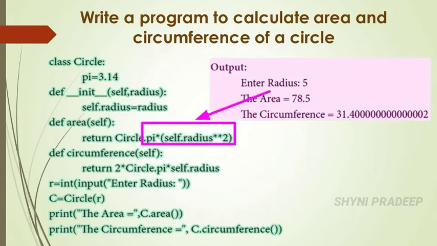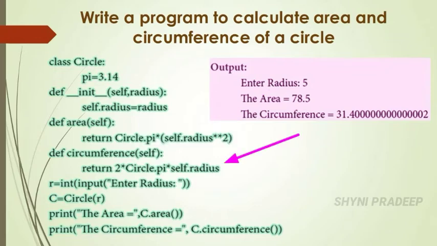So what is the formula for finding the area of a circle? Pi into r square. Okay. What is the formula for finding the circumference of a circle? 2 into pi into r. 2 pi r. Okay. So you have to return the value of area and the value of circumference in the output. Next, r is given. r means radius, which means you have to enter the radius value.